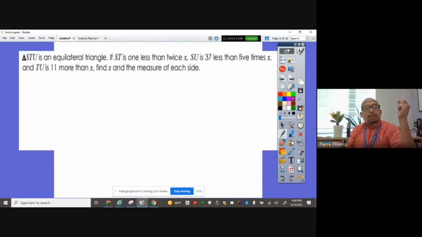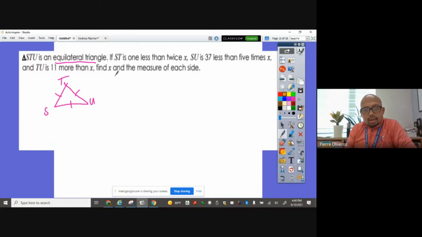All right, last problem here. Triangle STU is equilateral. When you say equilateral, all sides are congruent. So we have a triangle, let's say STU. They're all equal. ST is one less, meaning subtract 1 from twice the x.